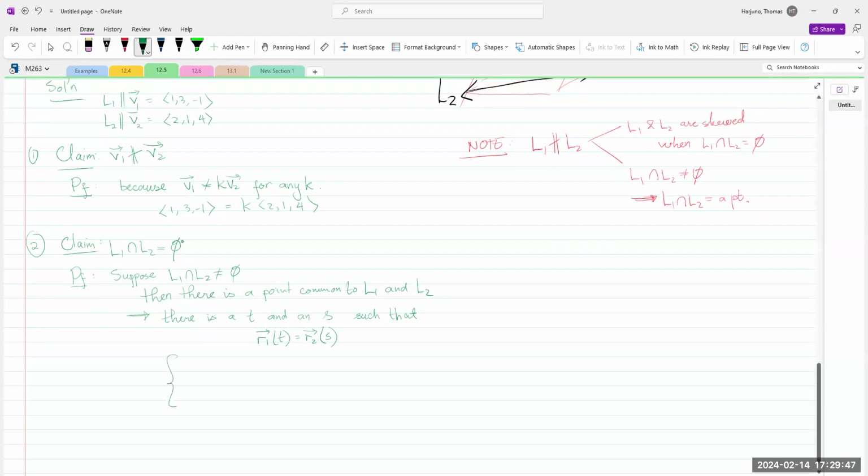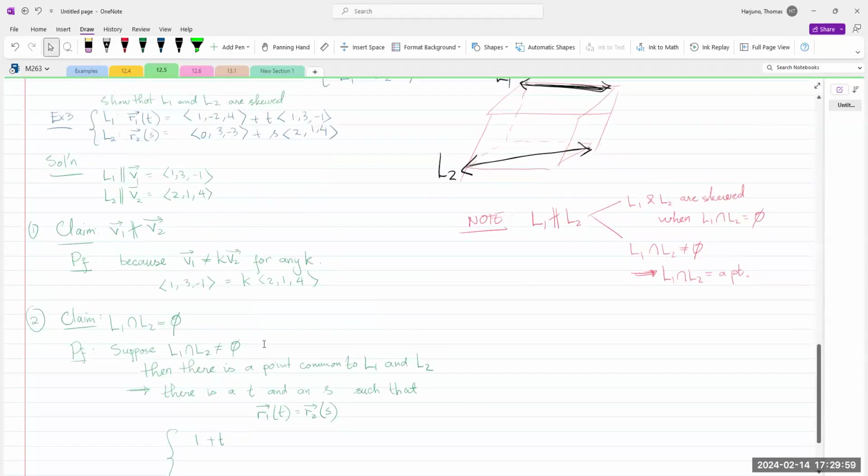Okay, now let's put it into practice. We set up the equation. For the X component, we have 1 plus T for R1 equals 2S for R2.